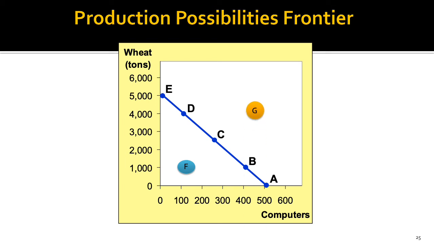What about point G? Well, point G is currently impossible given our resources and, in this case, our man hours in order to produce these goods. So point G is impossible given resources and our technology. Can we get to point G? We can.